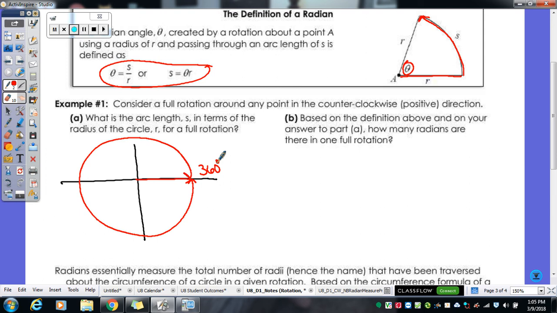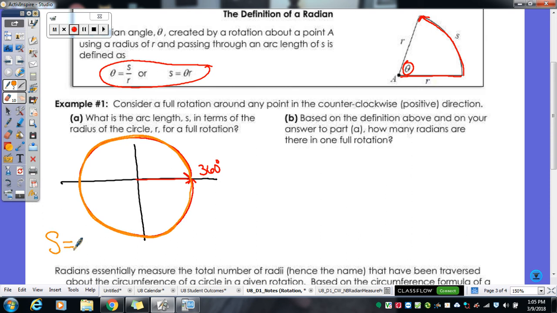So they want to know, what is the arc length S in terms of the radius of the circle for a full rotation? So if I started here and I follow my line, what am I doing around the circle? What do we call it when I go all the way around a circle? Yes, circumference.